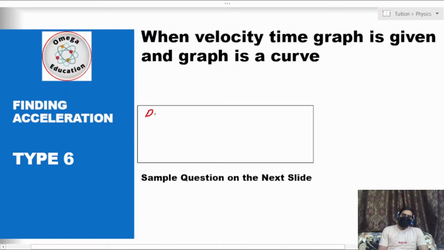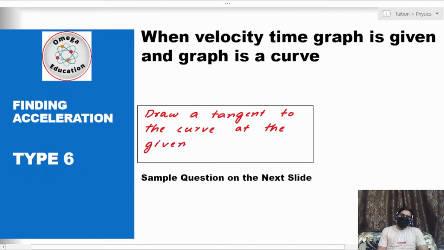All right, so what you do in that one is draw a tangent to the curve at the given point. And then it's just the previous step: find the gradient of that straight line.